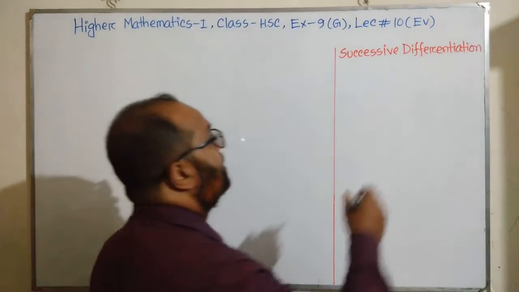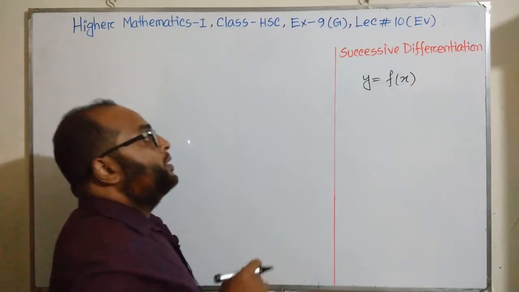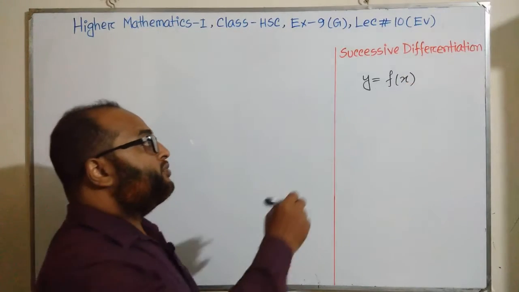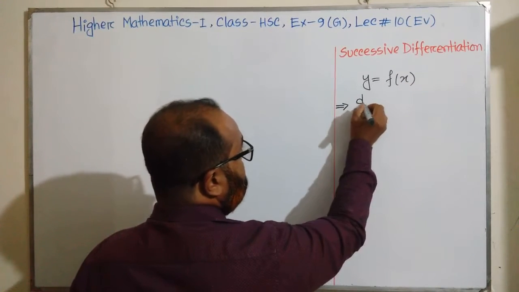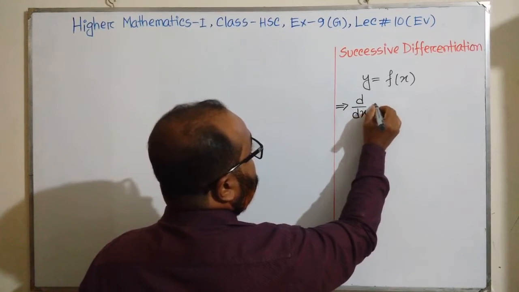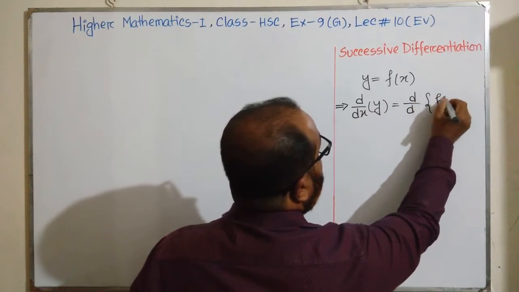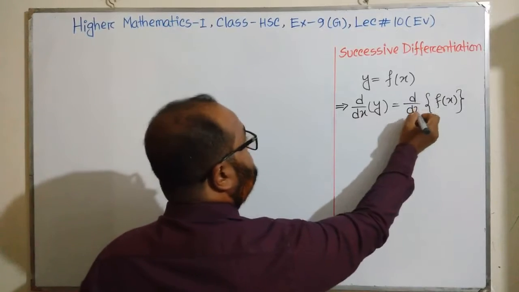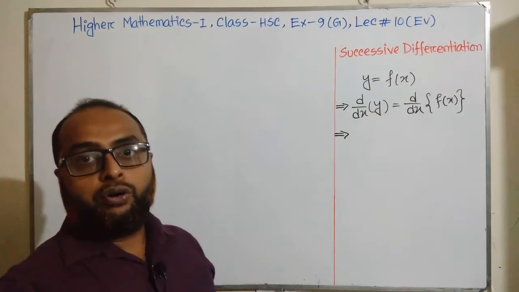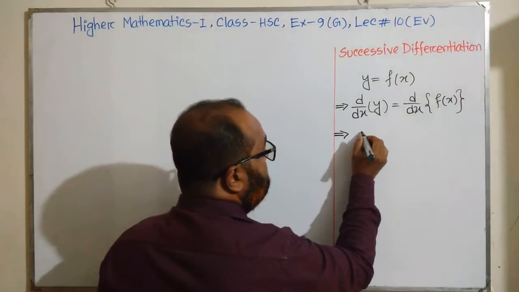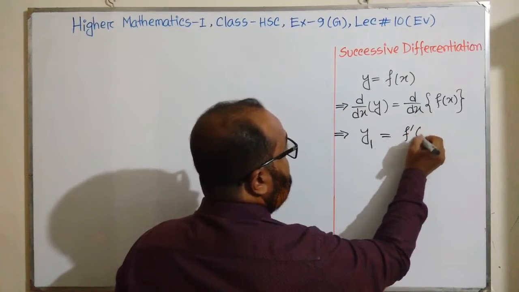Let y be a function f of x, that means y is a function of x. If we differentiate both sides with respect to x, that means d/dx of y equals d/dx of f of x, and the first derivative of y is written as y1, which equals f prime x.